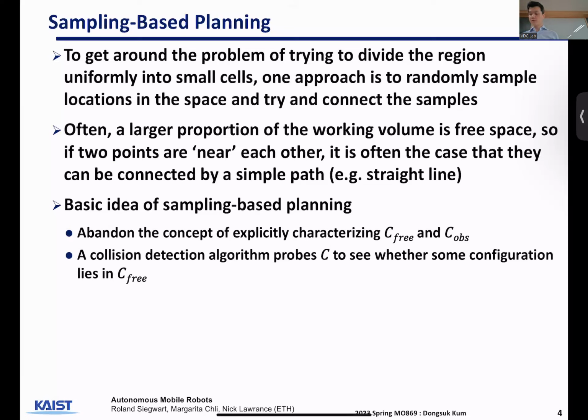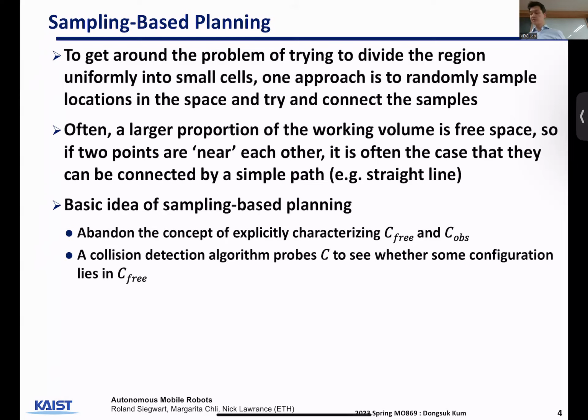Often a larger portion of the working volume is free space, so if 2 points are near each other, it is often the case that they can be connected by a simple path. The basic idea of sampling-based planning is to abandon the concept of explicitly characterizing free configuration space and obstacle configuration space. A collision detection algorithm probes C-space, the configuration space, to see whether some configuration lies in free configuration space.